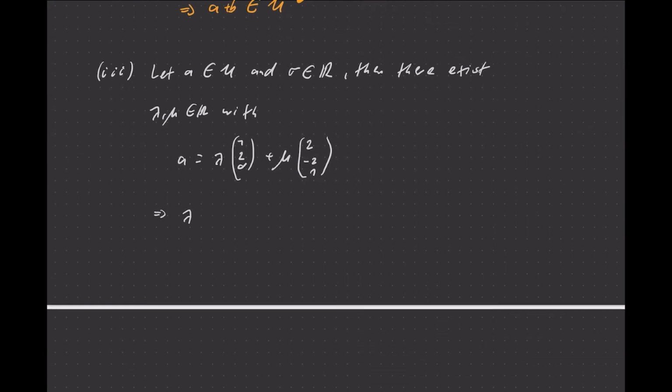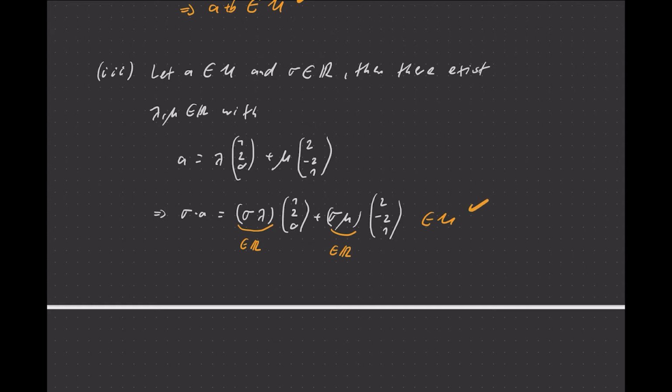And then sigma times a is sigma times lambda times (1, 2, 0) plus sigma times mu times (2, -2, 1). And again, these factors here are real numbers, so that sigma times a has the required form for being in U. And that completes our proof that U is actually a linear subspace of R3.